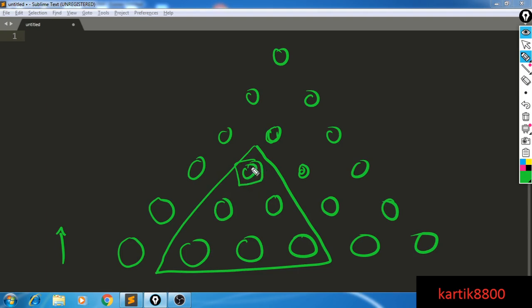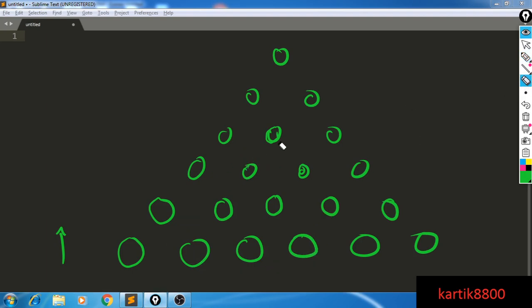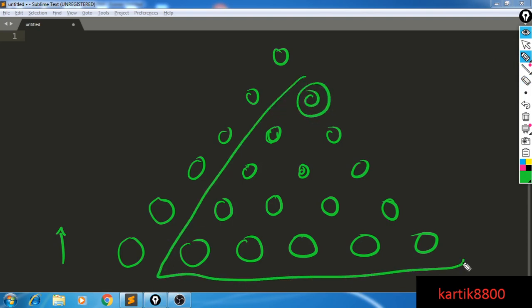For example, if you were asked this element, you could take the subarray from A2 to A4, and you want to find the top of the pyramid for the subarray A2 to A4. If you were asked some other element, maybe this one, then you can take the subarray from A2 to A6 and find the top of the triangle on top of the subarray A2 to A6.